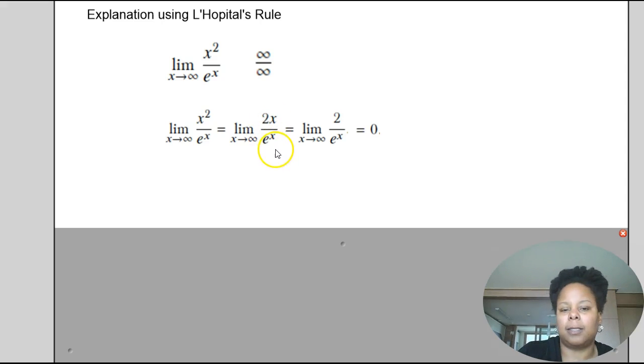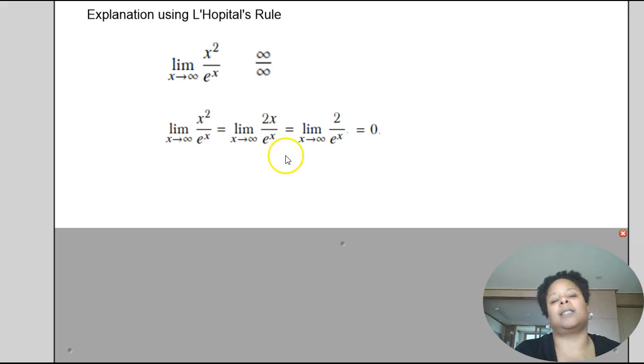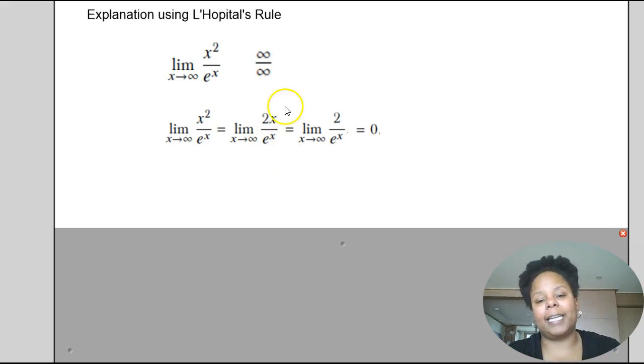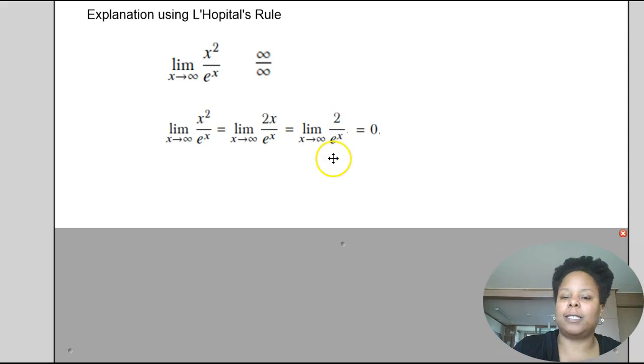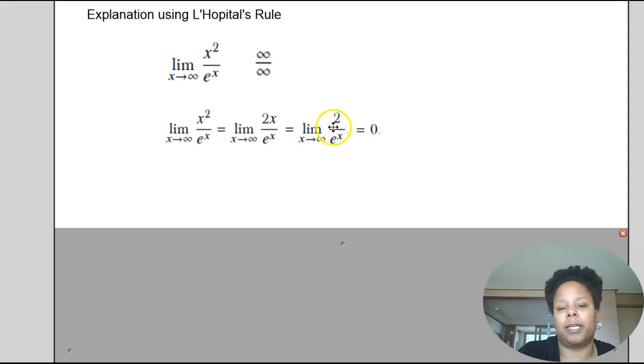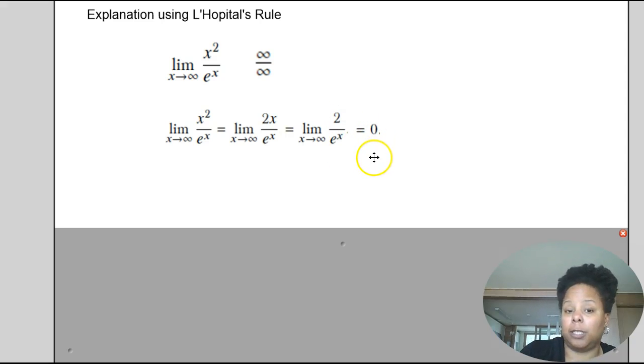Well, that still goes to infinity if we were to evaluate this. So we have to use L'Hopital's rule again and take the derivative of this set of functions, and we get 2 over e to the x. And as you can see, if we were to evaluate this as x approaches infinity, e to the x would be equal to infinity. So we'd end up with 2 over infinity, which is actually equal to 0.